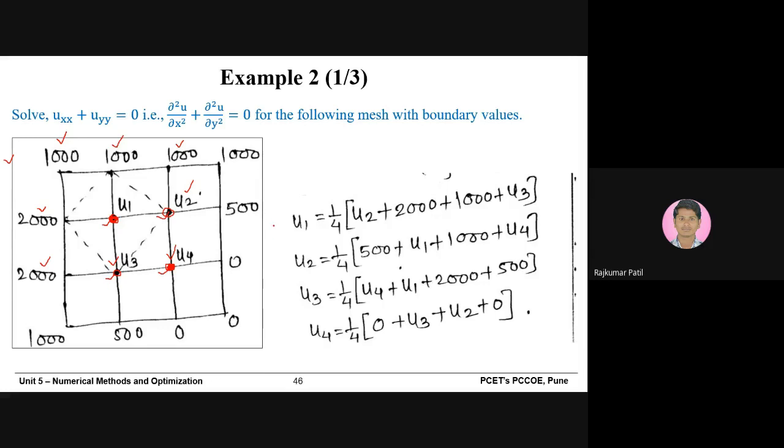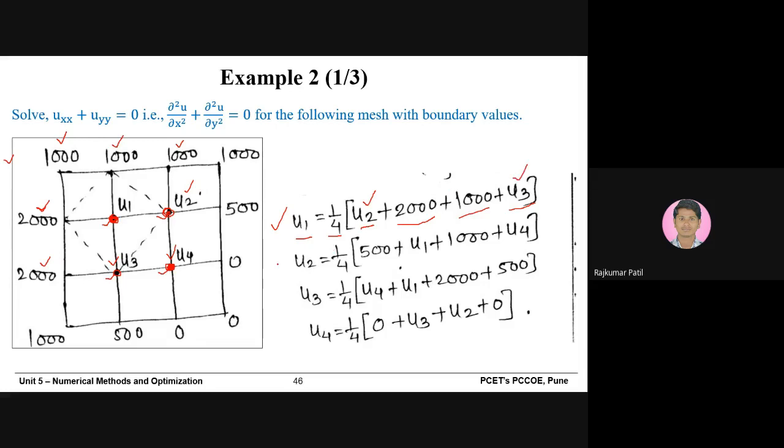So you can see here u1 is equal to 1/4 into (u2, plus 2000 plus 1000, plus u3). This is the equation for u1 using the standard 5-point formula, and in this equation there are two unknowns, u2 and u3.